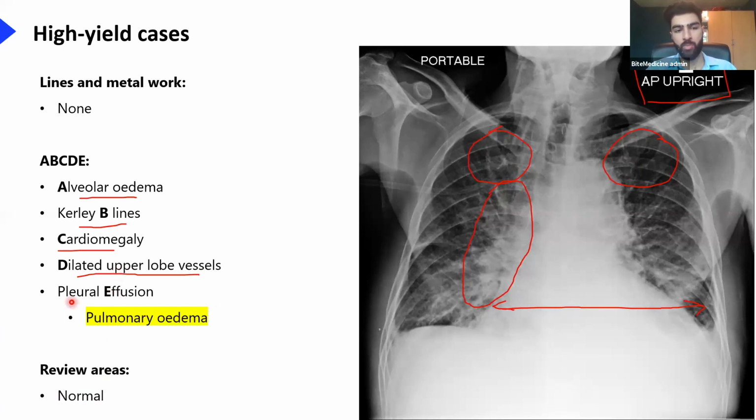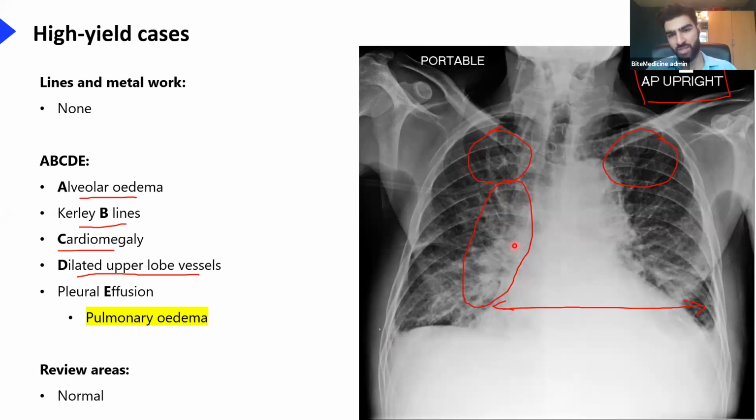And finally, pleural effusion. So this patient's got a bilateral pleural effusion, blunting of the costophrenic angles bilaterally, loss of that nice curved appearance of the hemidiaphragm. That's classic pleural effusion.